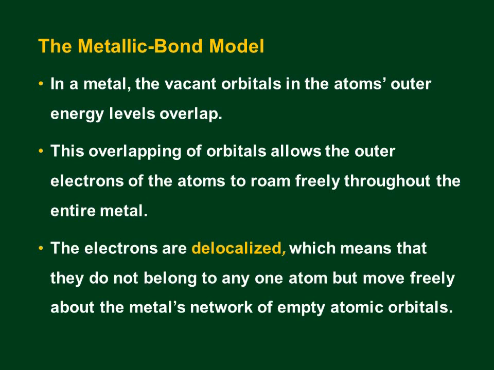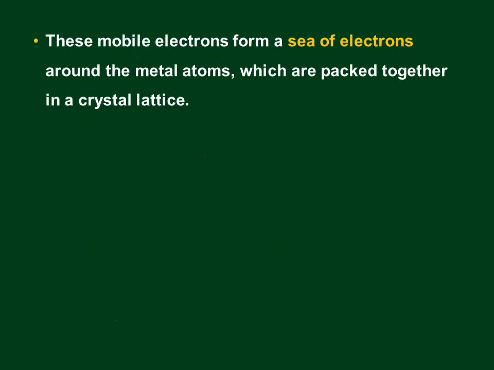not belonging to a specific atom. The electrons are delocalized, which means that they do not belong to any one atom, but move freely about the metal network of empty atomic orbitals. They move through the whole crystal. The moving, or mobile, electrons form a sea of electrons around the metal atoms, which are packed together in a crystal lattice.